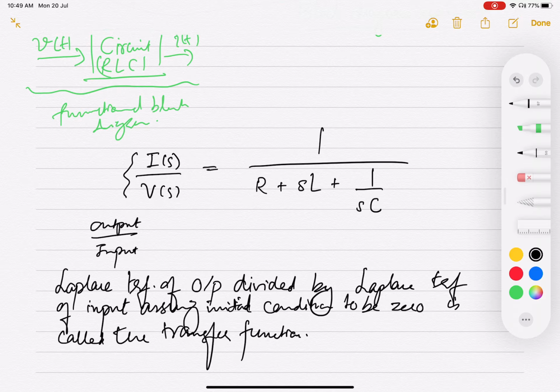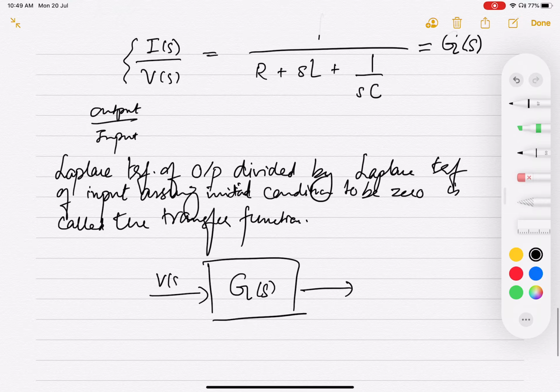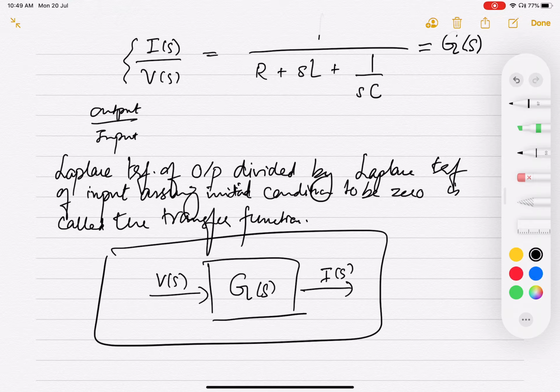Normally we represent it by G(s). So what you have done is represent your circuit by a simple block called G(s). Now, what is the utility of doing this?